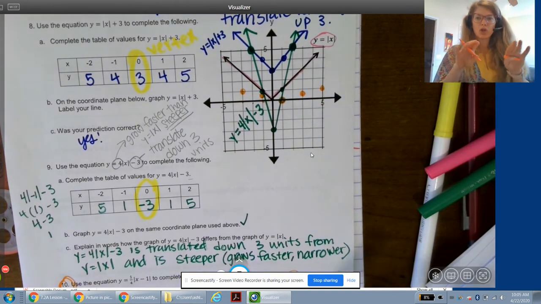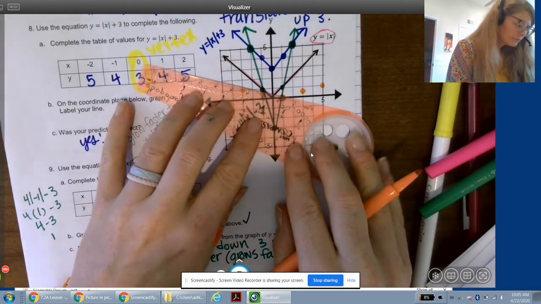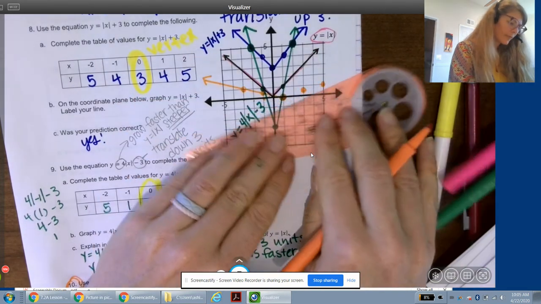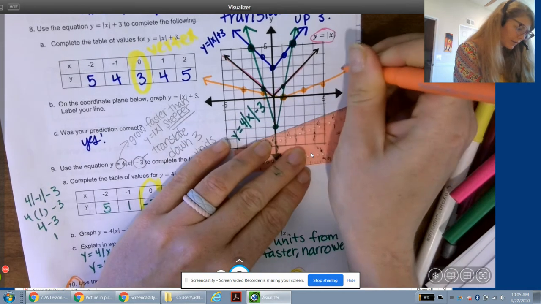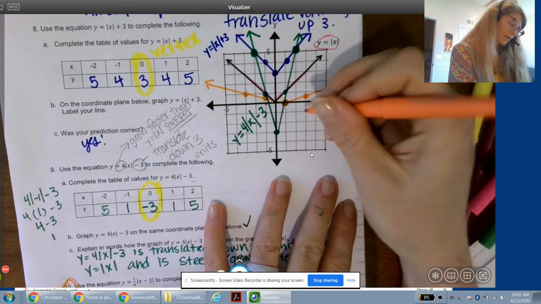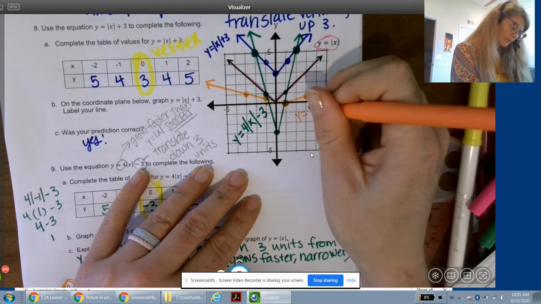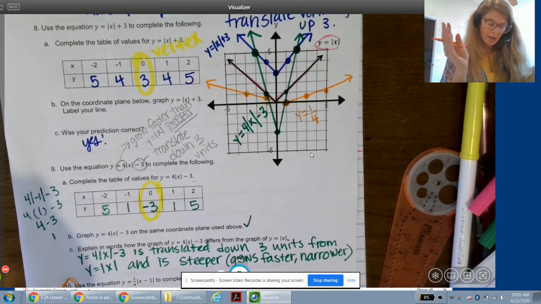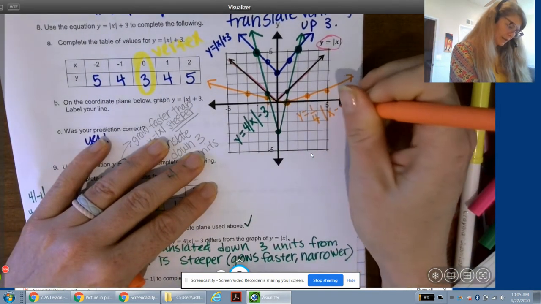It's going to grow so slow. Here we go. And this is y equals 1/4, it's growing a fourth as fast, so it's going to be super wide. Absolute value of x minus 1.